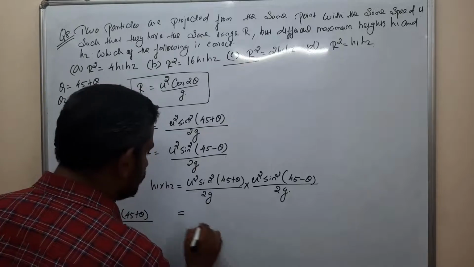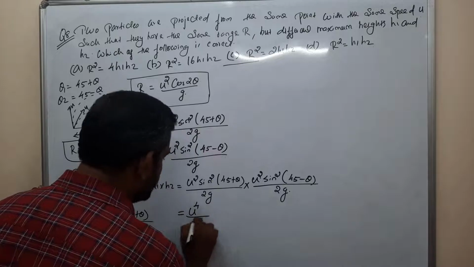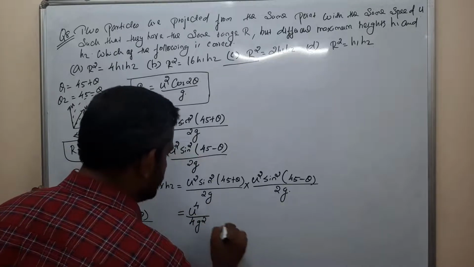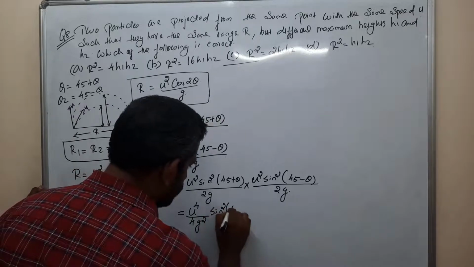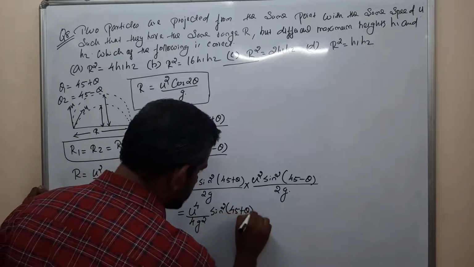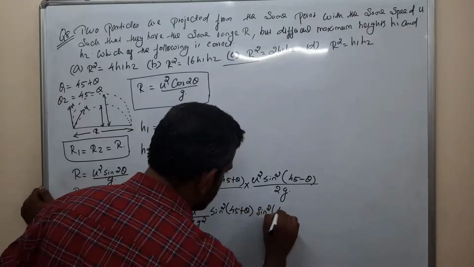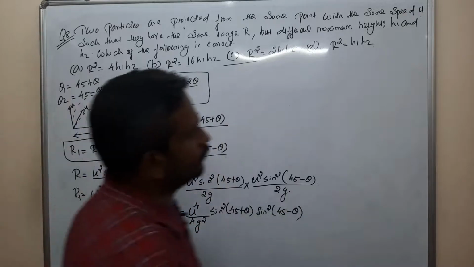That's equal to u power 4 divided by 4g square, sin square (45 plus theta) into sin square (45 minus theta).